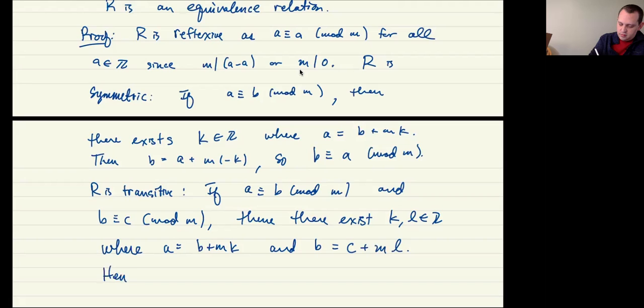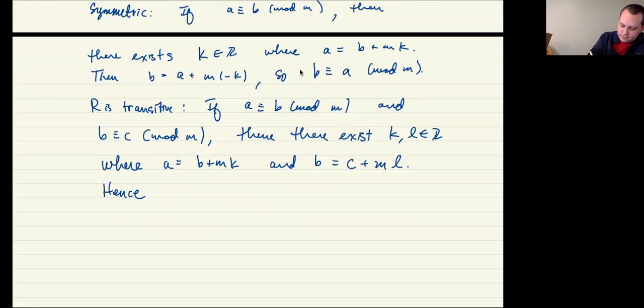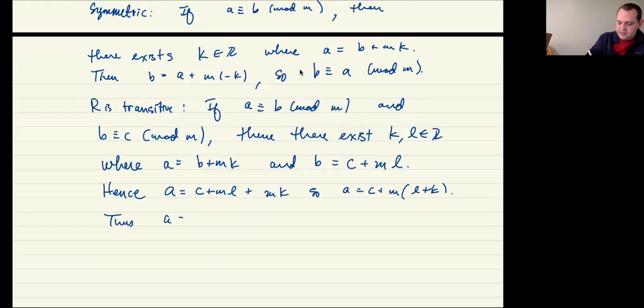And therefore A is equal to B, which is C plus ml, plus mk. So A is equal to C plus some multiple of m. Therefore, A is congruent to C mod m. So it's reflexive, it's symmetric, it's transitive. In particular, it's an equivalence relation.